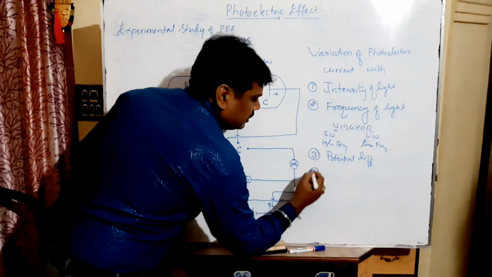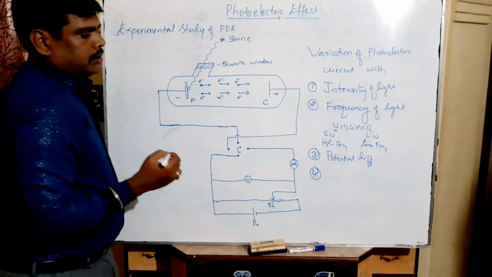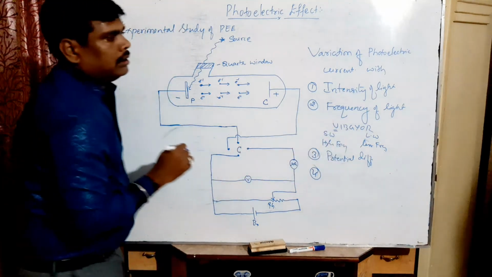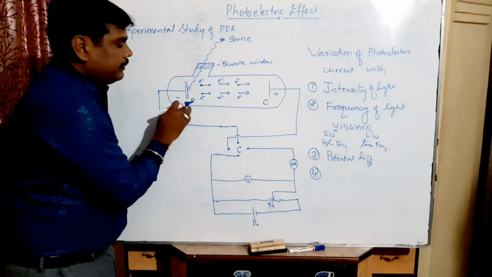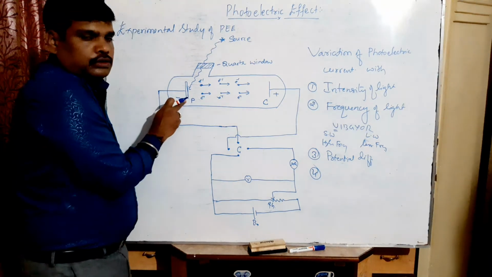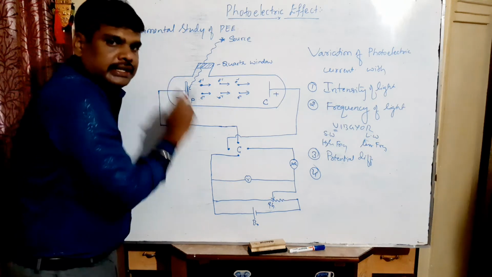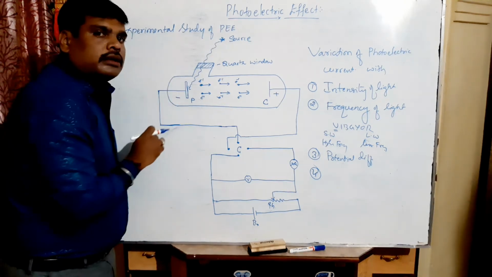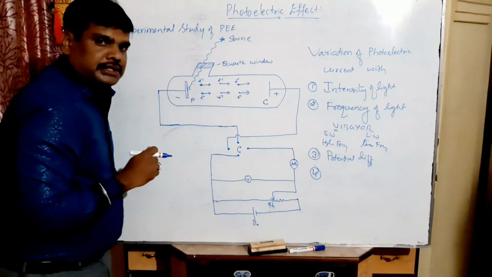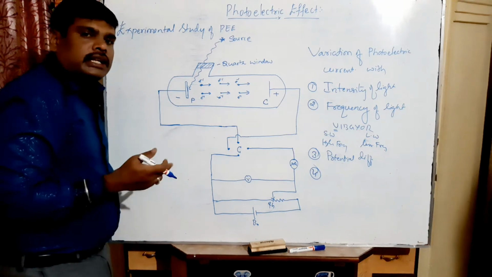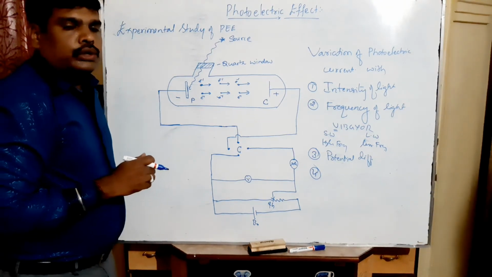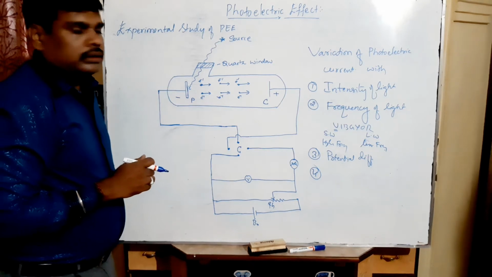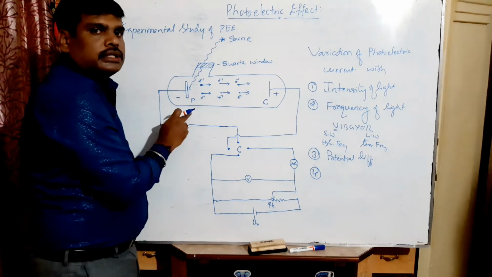And the last one, this is for different potential differences. Finally, we will go for different photosensitive materials. First I will take copper and then zinc. These two are sensitive to ultraviolet radiations. If I go for ordinary light, we have to use alkali metals like sodium, rubidium, lithium. So we are going to use different metals.